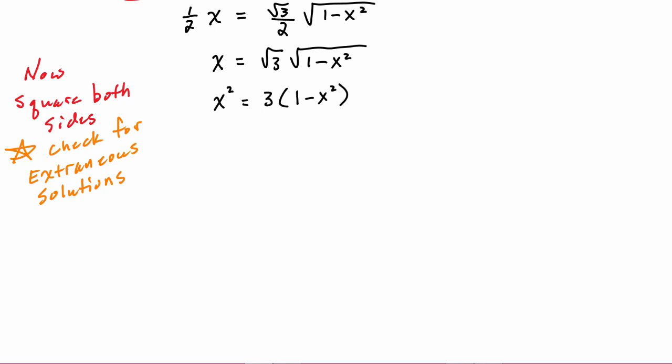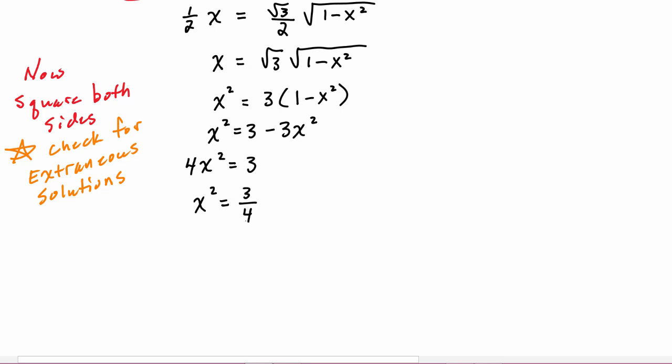For now, let's carry on the algebra. We have x squared is equal to 3 minus 3x squared. We add 3x squared to both sides, and now we have 4x squared is equal to 3. Dividing by 4, we get that x squared is equal to 3/4.